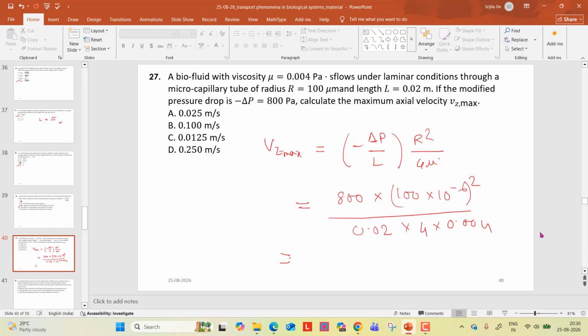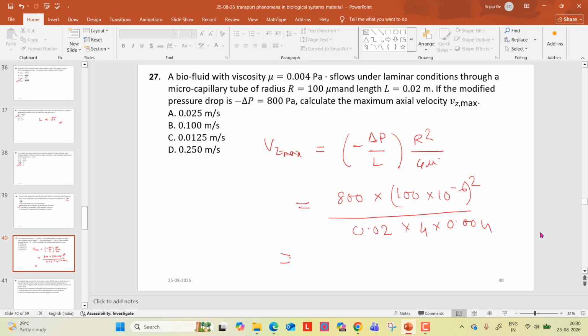So we are getting 800 into 100 into 10 to the power minus 6 whole square divided by 0.02 into 4 into 0.004.